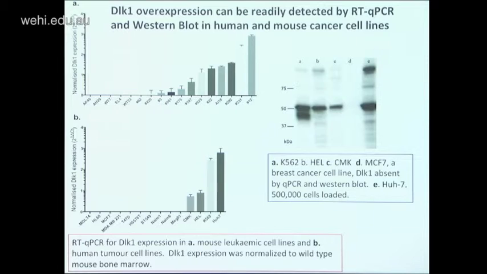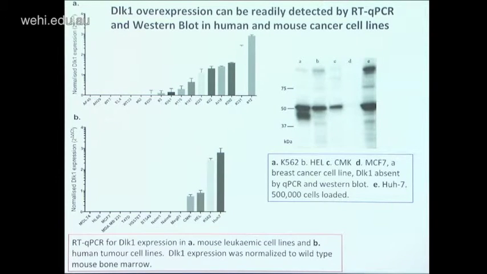In humans, the megakaryocytic cell line CMK, erythroleukemia cell lines such as HEL and K562, and HuH-7, which is the hepatocellular carcinoma line. By Western blot, D here is the MCF7 breast cancer cell line, which had no expression of Dlk1, and you can see the absence of expression by Western blot as well. But the other positive cell lines readily show expression on Western blot.